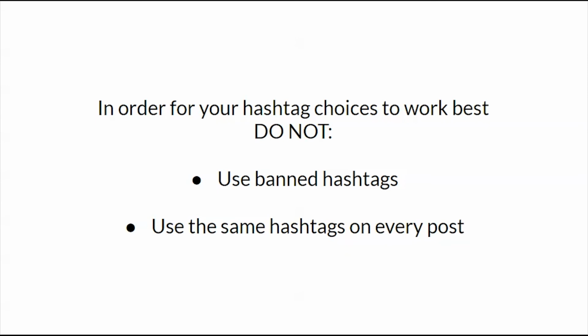Unfortunately, those spam accounts do at times attach themselves to certain hashtags, and in order to stop the spam of inappropriate content that goes against Instagram community guidelines, Instagram will remove access to that hashtag. So if you are using that hashtag on your posts, it alerts the algorithm that you may be posting inappropriate content, even though you're not.